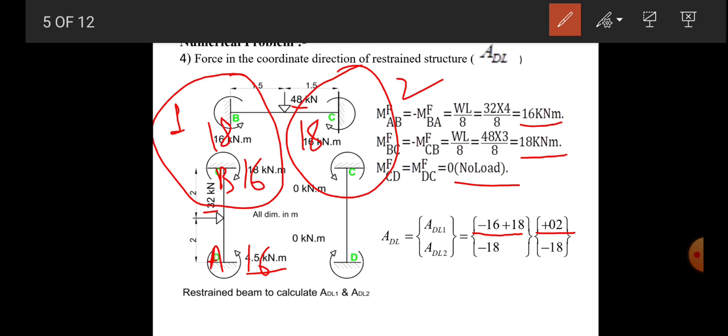And for C, for CB there is 18 kilonewton meter in a clockwise sense, minus 18, and 0 for CD. So only minus 18 will be there. So net moment will be minus 18. So at coordinate locations 1 and 2, the net moments will be 2 and minus 18.